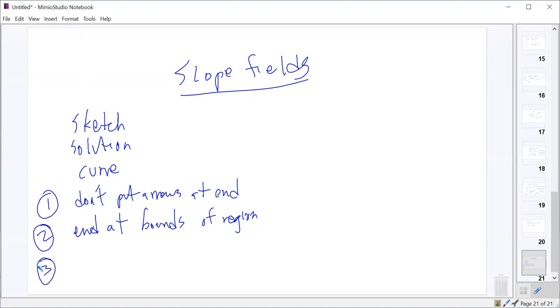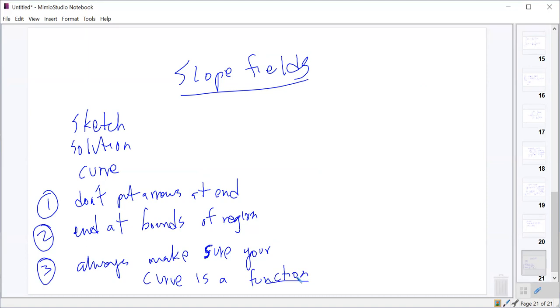And the last thing to remember, if you're sketching the solution curve on a slope field, is always make sure your curve is a function.